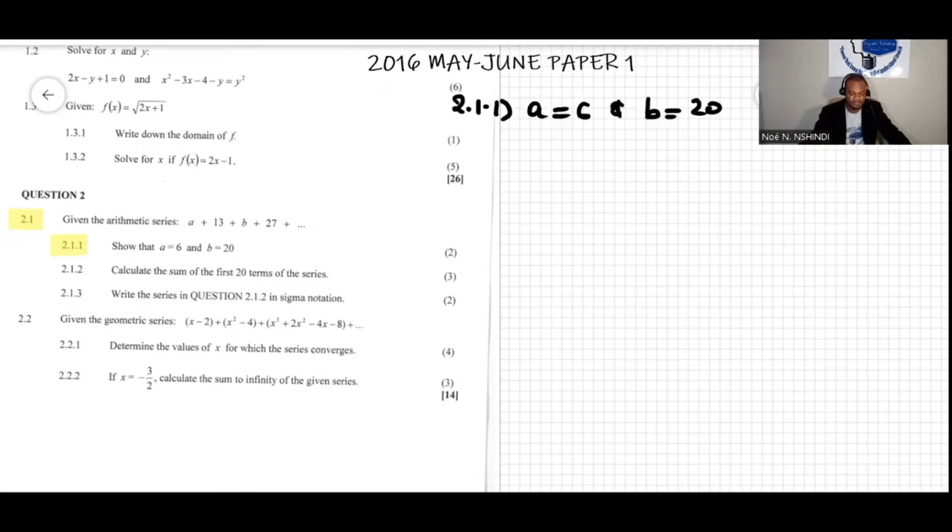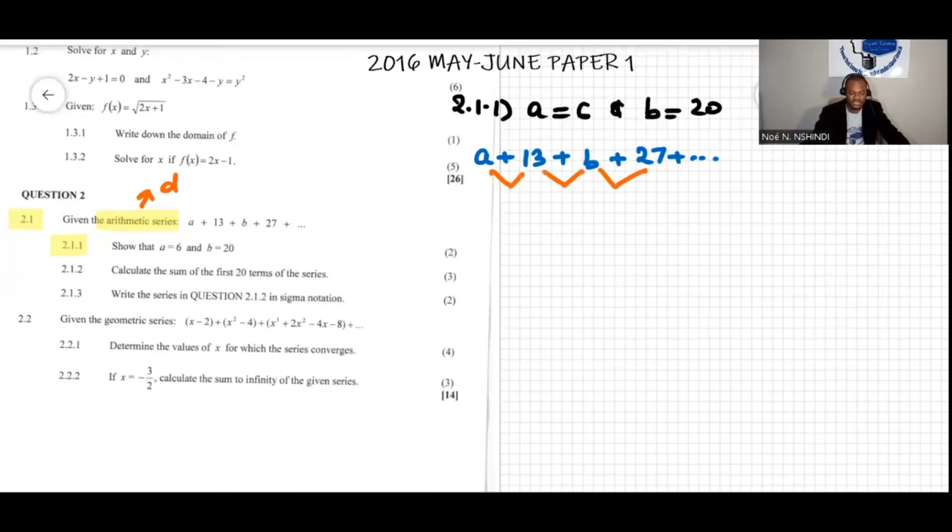I want to prove that A equal to 6 and that B equal to 20. All right, we have given this arithmetic series. It's like A plus 13 plus B plus 27 plus 83. If it is an arithmetic series, it means that it has a constant difference D. So we can work out D by showing that the first difference is common.